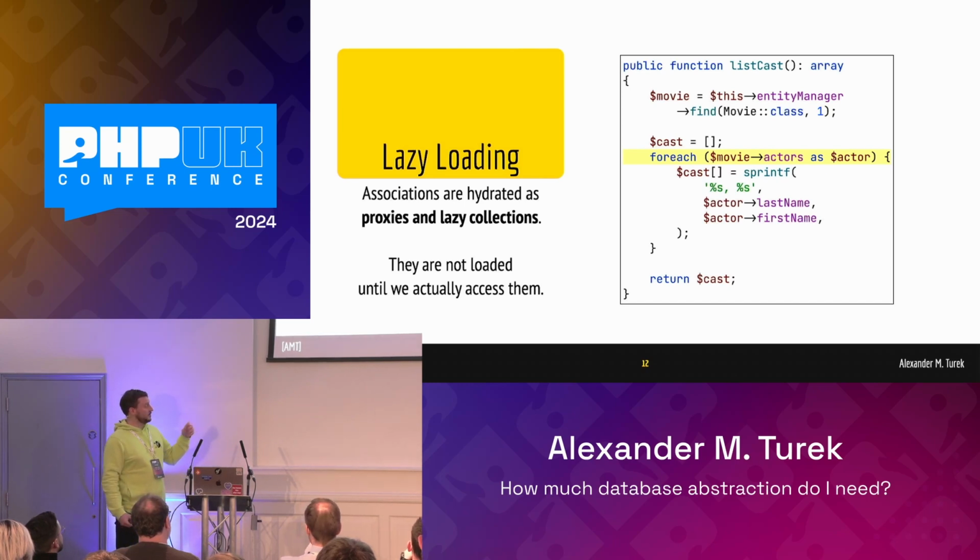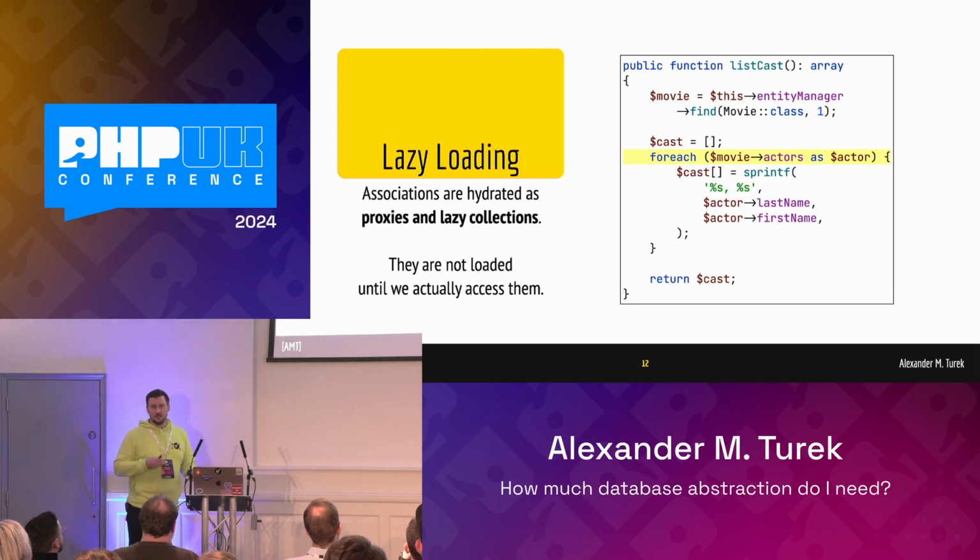then I will get not one query against the database, but 1 plus the number of movies that I've selected. So it's 1 plus n. It's a typical 1 plus n problem that is hidden from me if I don't look into this, right? So I might think I'm only sending one query, but in fact I'm sending n plus 1 queries. There are ways to mitigate this.